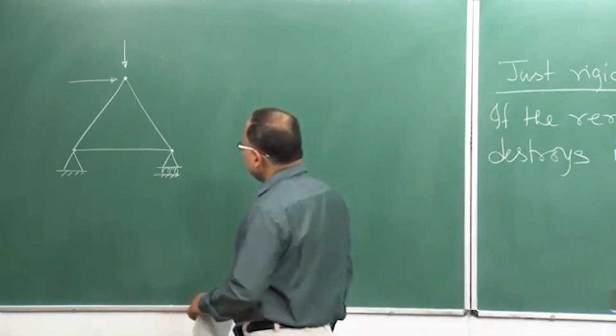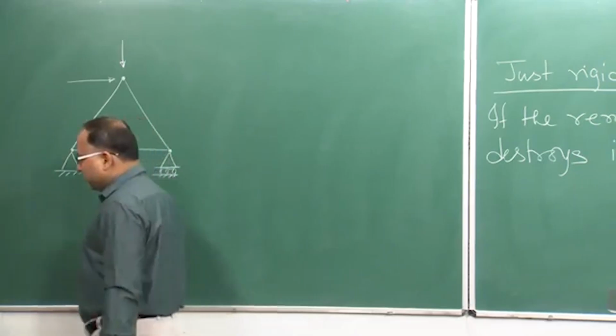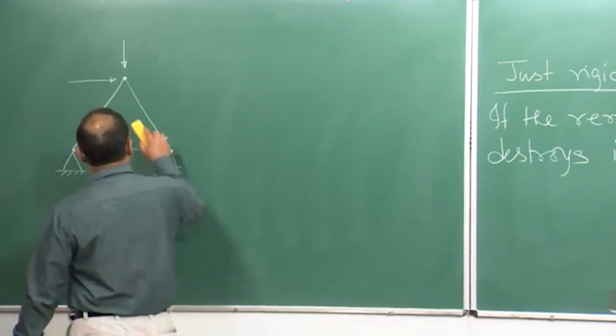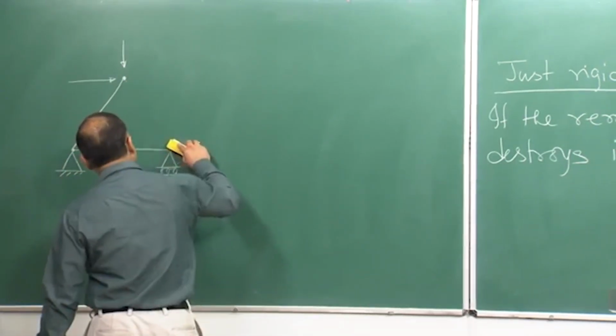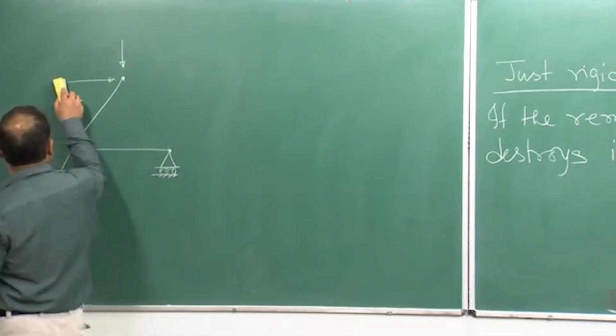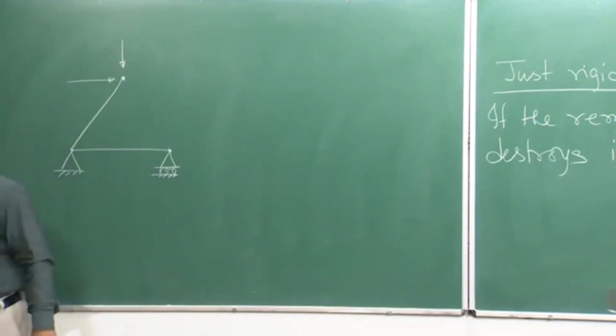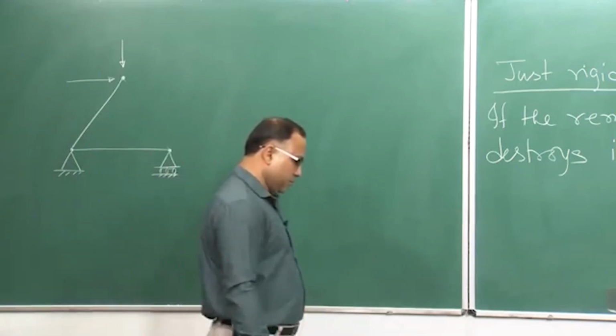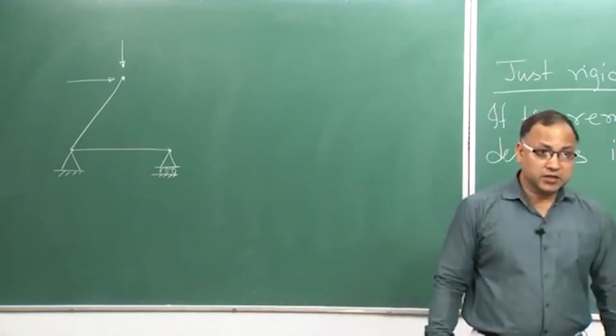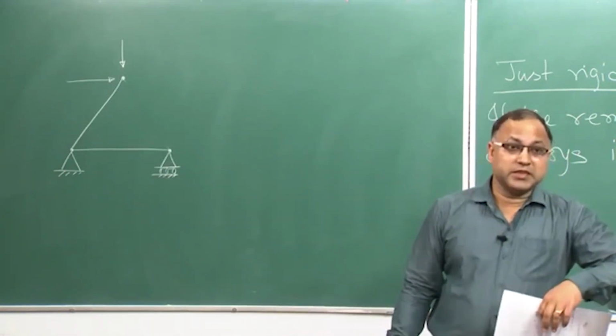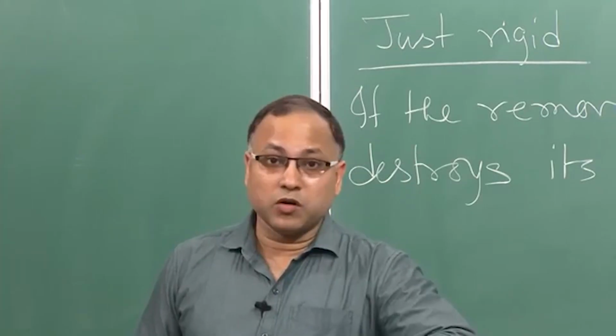Now, if I remove one member, what will happen? Is it a rigid structure? That means, is it a stable structure? Of course not.